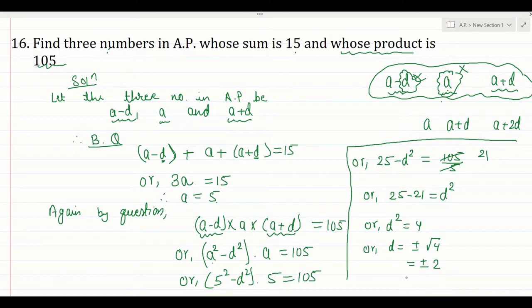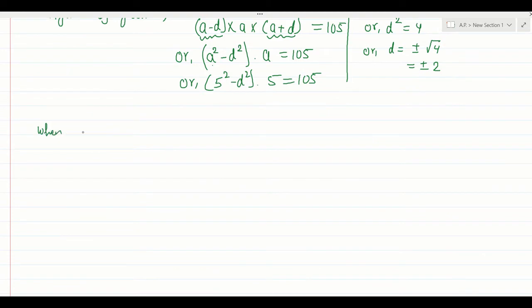Okay, after this, when D is equal to plus 2 and A is equal to 5, the three terms are, what did we suppose?